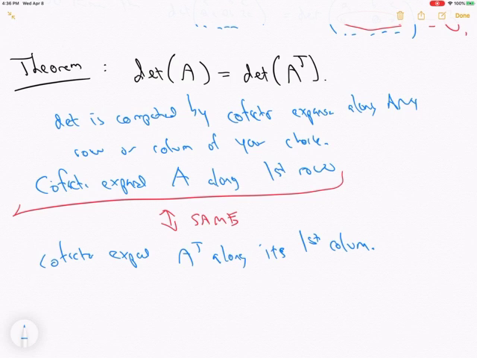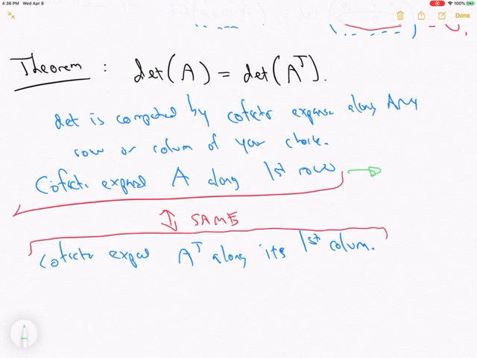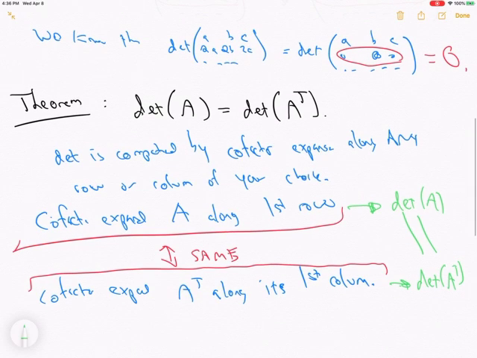And therefore, these two things are the same. And of course, the way you would actually calculate the determinant is you do this cofactor expansion, and by definition that gives you the determinant of A. And over here, if you do this cofactor expansion, by definition that gives you the determinant of the transpose. So we see that they're actually the same. So that's a very important result, that the determinant of a matrix is the same as the determinant of its transpose.